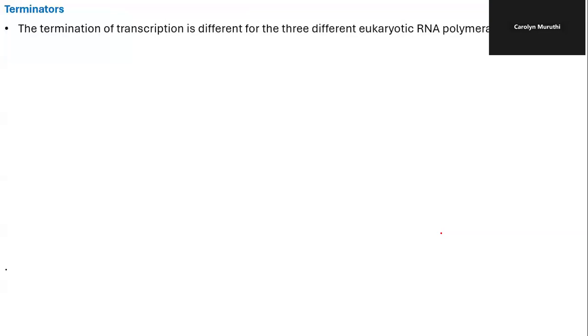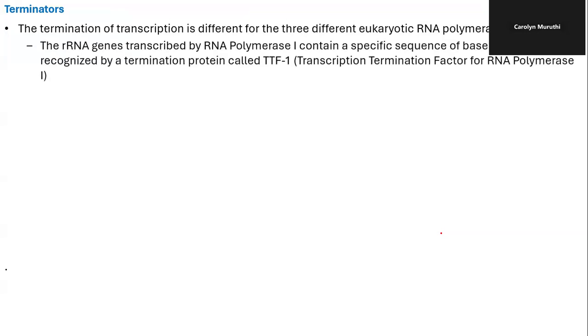The final phase is termination, where we have the terminators. Termination of transcription is different for the 3 different eukaryotic RNA polymerases.